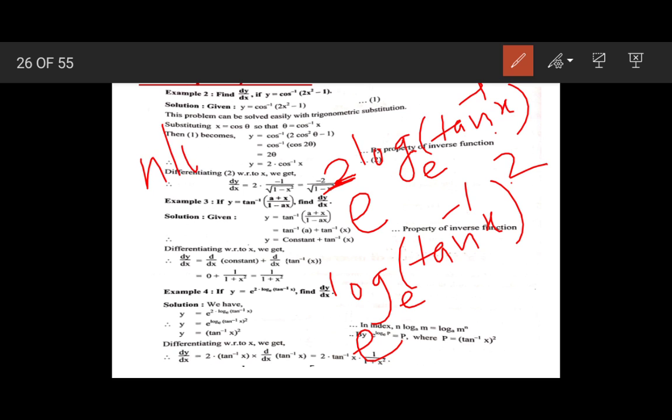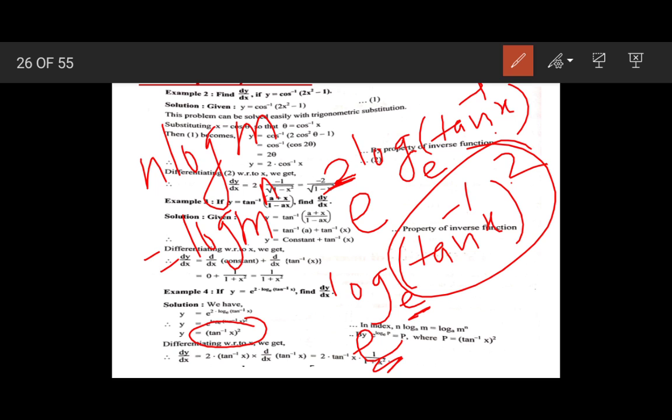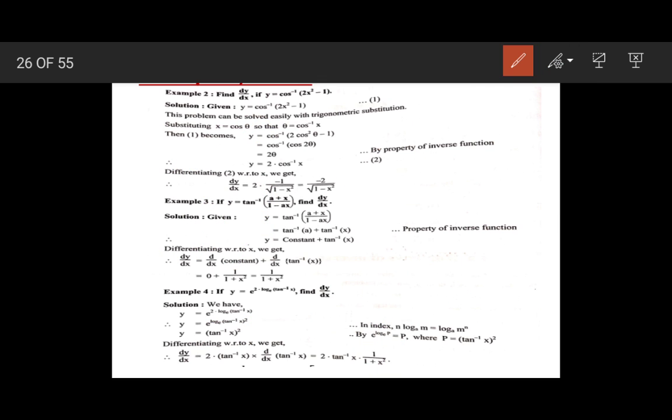Since n log m is equal to log m raised to n, I am writing this as log (tan inverse x) raised to 2. Now this base and this base are the same. So finally what I am getting is only (tan inverse x) square. Only this part. Right? Clear? So I am getting y as (tan inverse x) square.